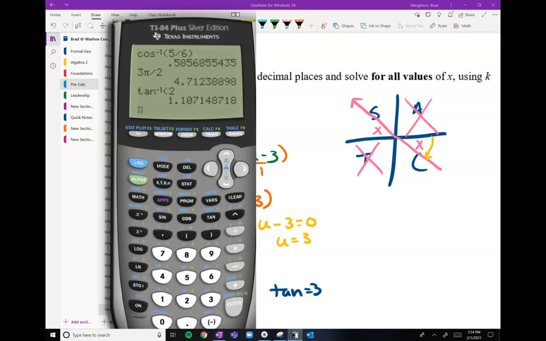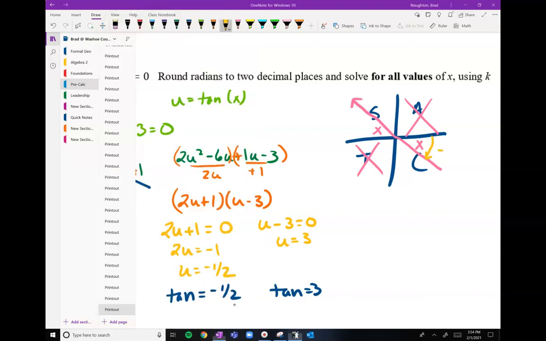So inverse tangent of negative 1 divided by 2, and that's going to be negative 0.464. Yep, close enough. So that's going to be the same as this angle right here, but I need to take pi and then take this away. So to find what this one is right here, I'm going to get x is equal to 3.14 plus essentially the negative 0.464.